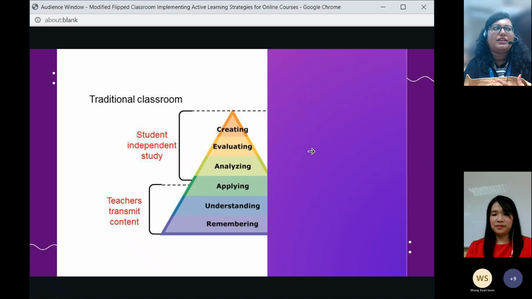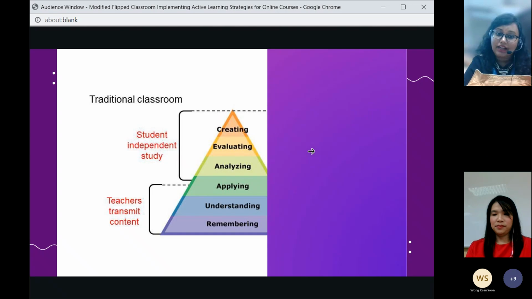In fact, we prepare our assessments based on Bloom's taxonomy, the type or difficulty of the questions. In a traditional classroom, we give them the knowledge, a lecture, telling them the theories, reading from the textbook, imparting the basic knowledge which helps them to understand, to remember.